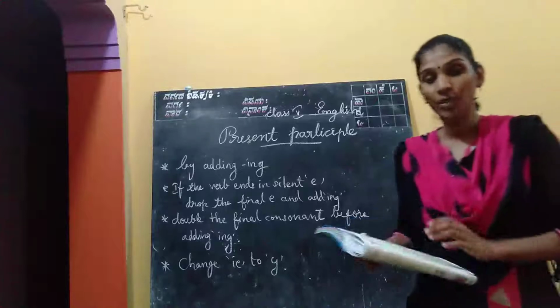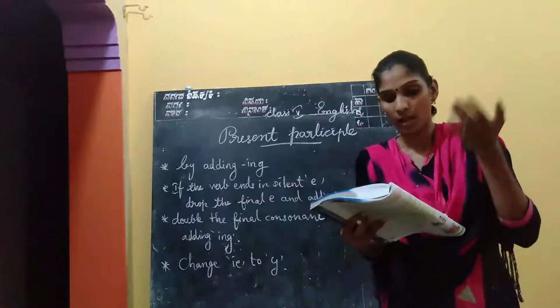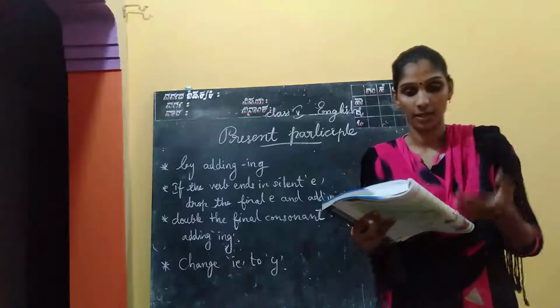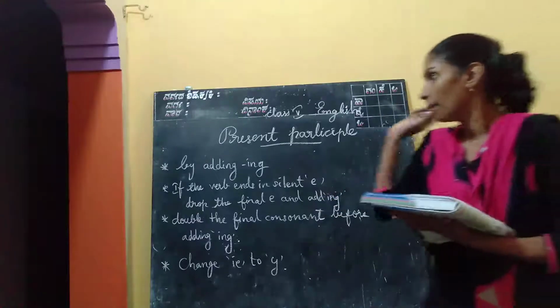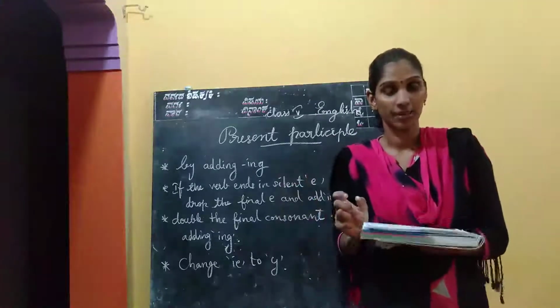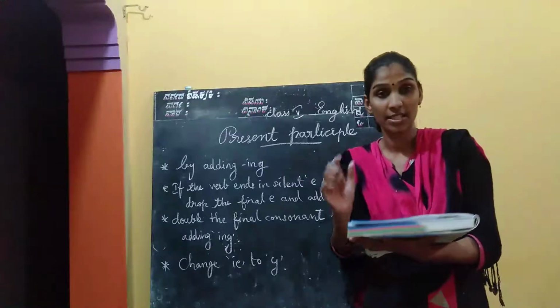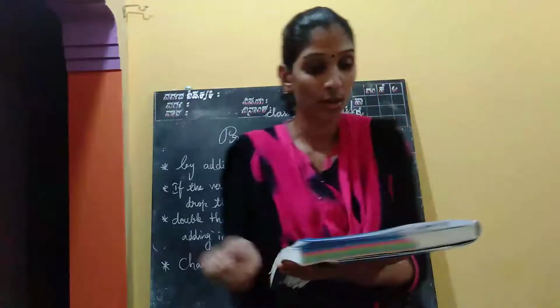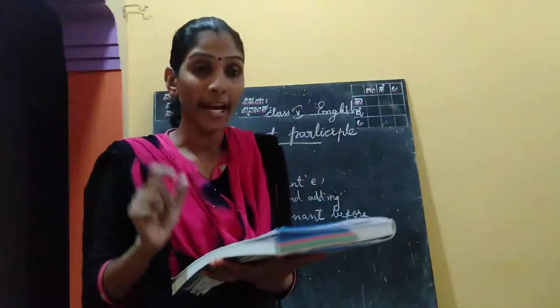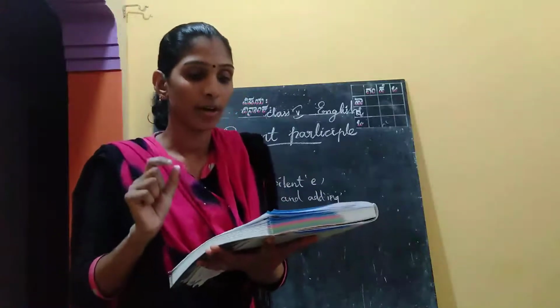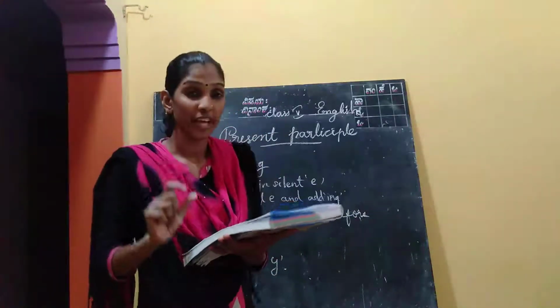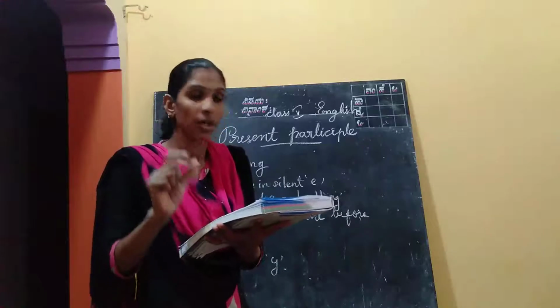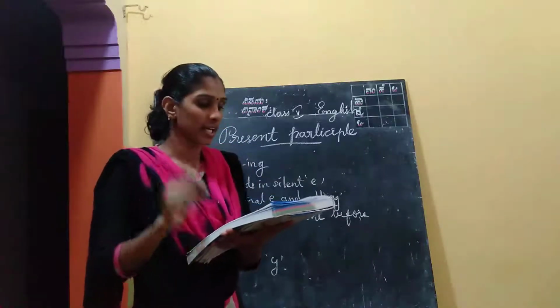See how we can form the present participle. Okay, see, first by adding ing. See the first point in your textbook: usually formed by adding ing to the verb. For example, wear, wearing; cook, cooking; and cry, crying.